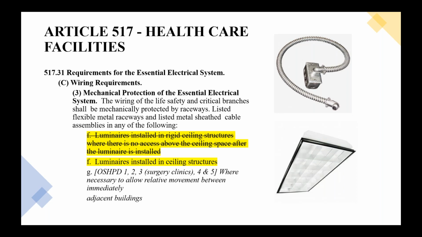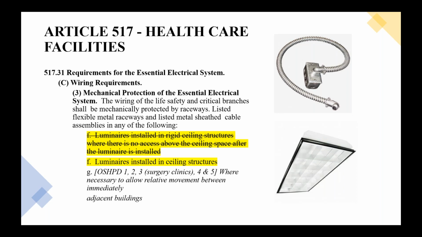Some of those were that feed vibrating equipment, that feed modular furniture. But last code cycle, they added in F, which said luminaires installed in rigid structures where there is no access above the ceiling space after the luminaire is installed, it would be acceptable to use flexible cable. Now they revised that and opened it up and said luminaires installed in ceiling structures.